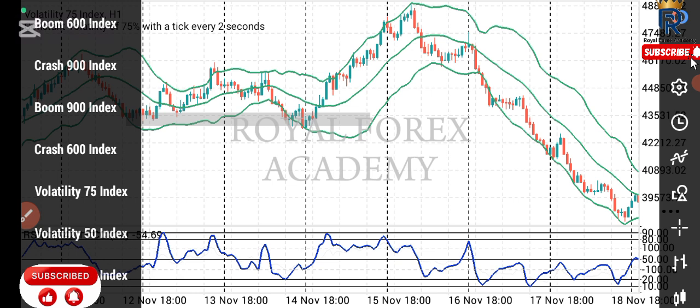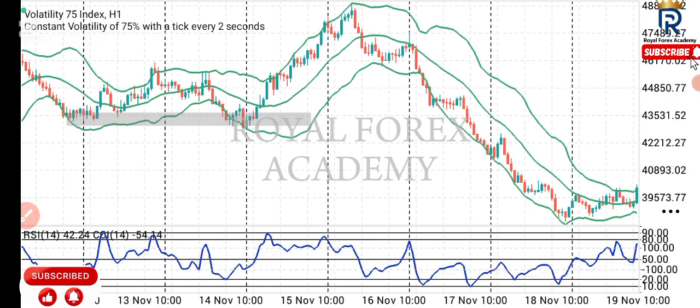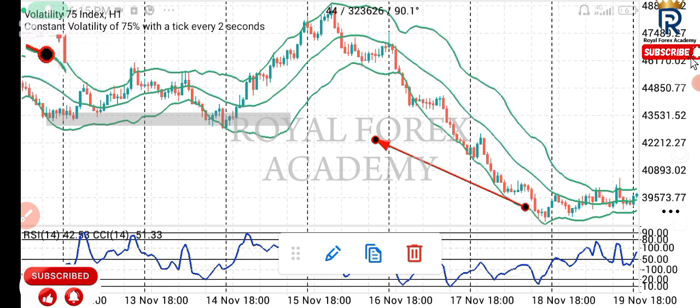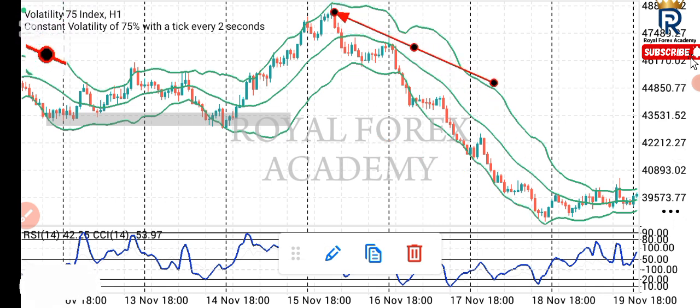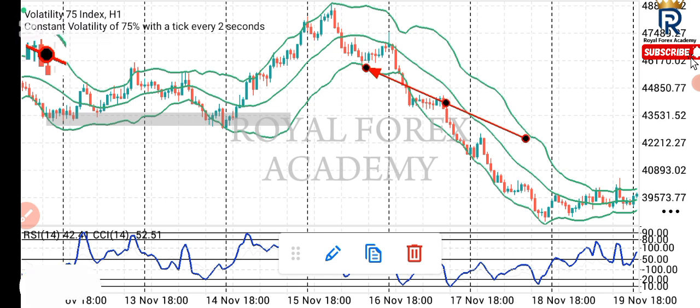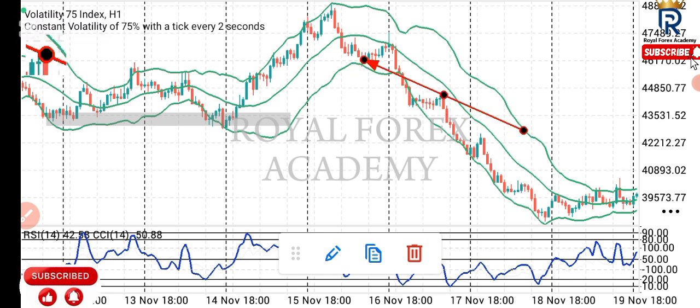Let me show you something very important that you need to pay attention to. In this scenario, price repeated the same pattern. Here, price pulled to the middle Bollinger Band. But do you know that price pulled here? Can you buy here because it's touching the lower Bollinger Band? The answer is no. The question is why? Because the price touching the lower Bollinger Band here is not happening at any point of interest.